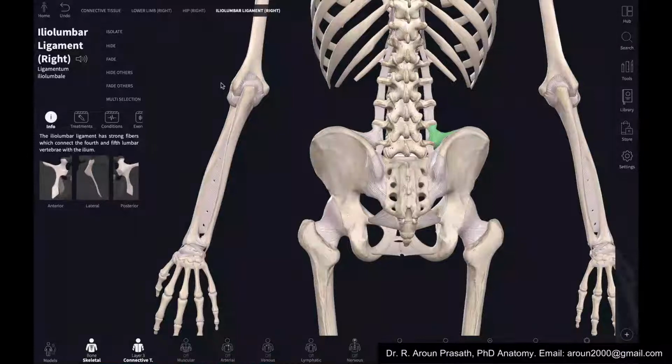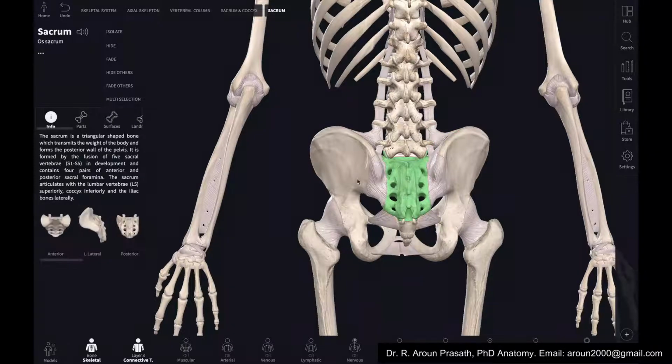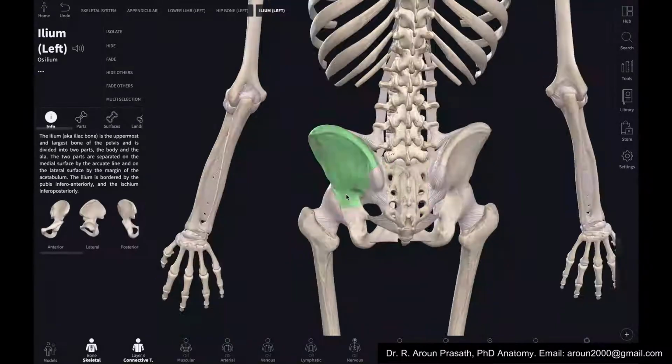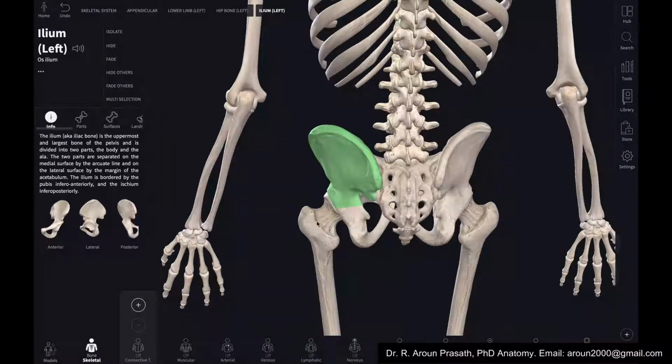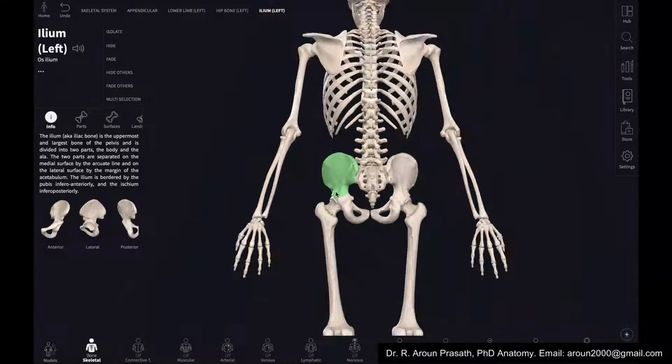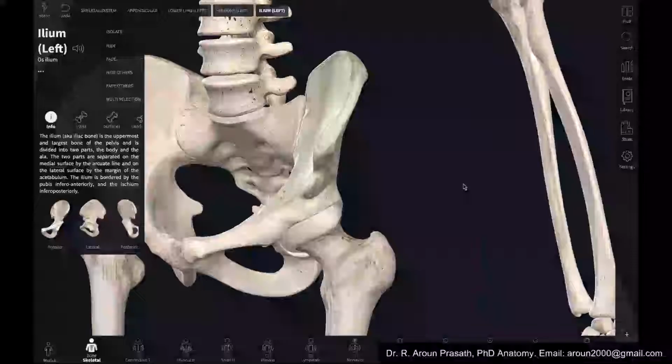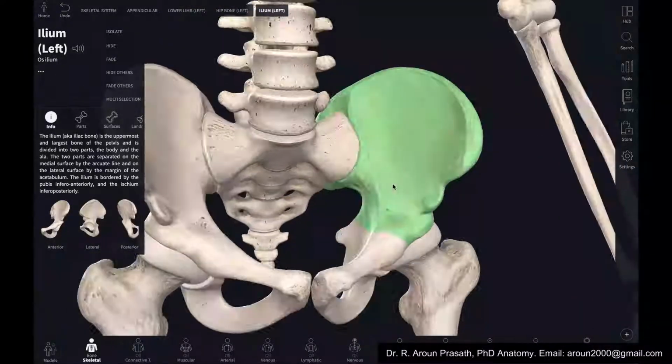Coming to the joints of the lower limb, there are many major joints, but the lower limb joints start with the sacroiliac joint. This is the sacrum and this is the ilium. This joint is something very special.